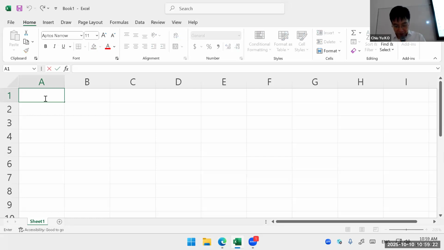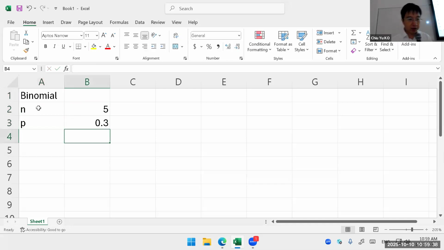So what we have is binomial. Then we have N and P. N is 5, P is 0.3. So this is the question.